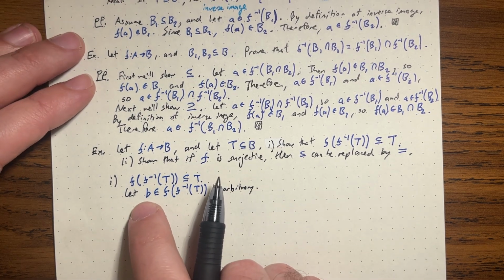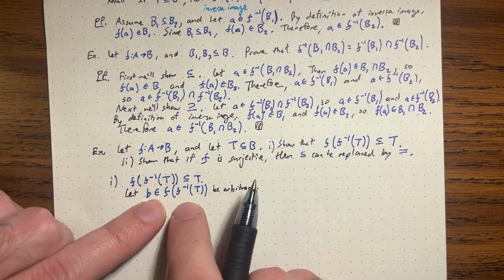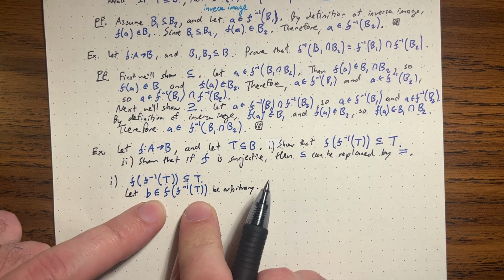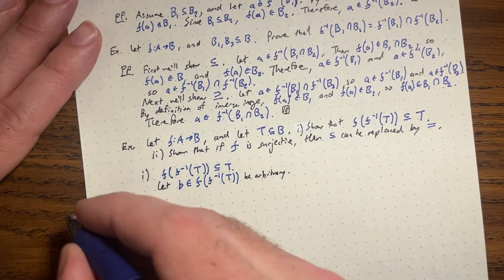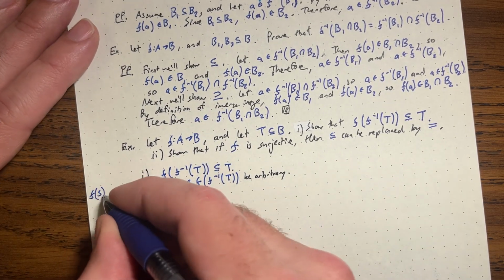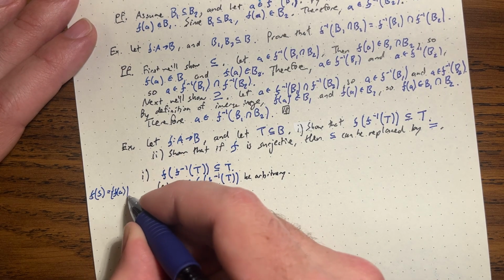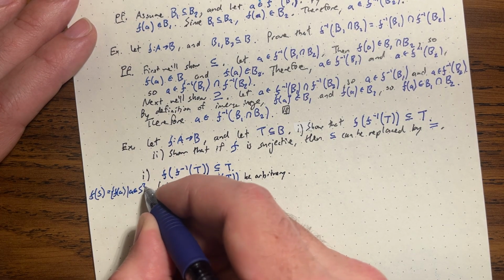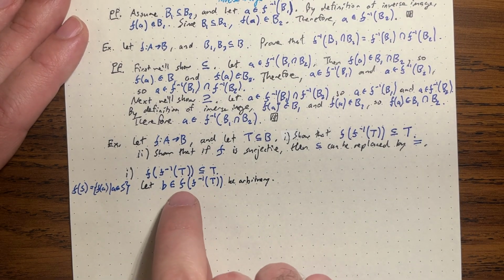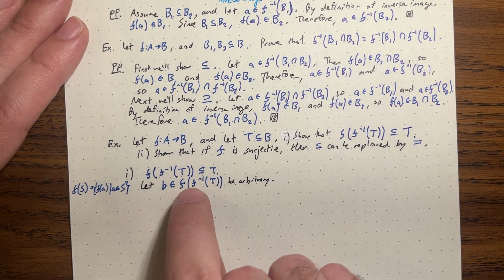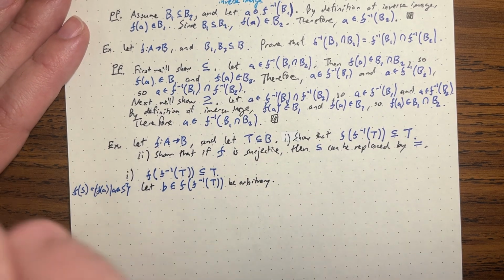So what does it mean for B to be in here? Remember, f of something, what is that? That's our direct image, right? So what does f of S mean? Let's just recall that. It's just the set of all f of a for a in S. So this means B is f of a for a in f inverse of T, right?